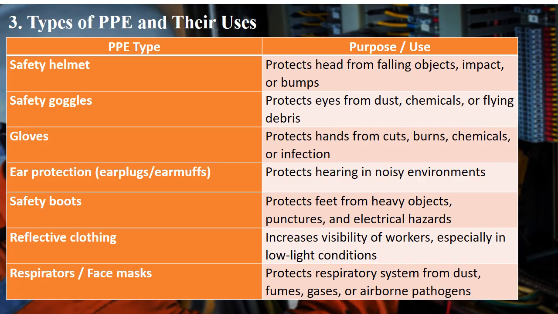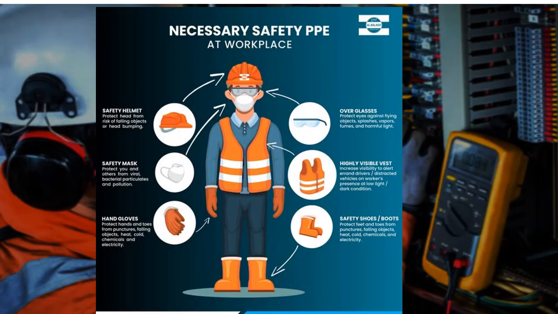So these are basically PPEs, personal protective equipment, also referred to as the last line. We have them here in a very good picture: safety helmet, safety mask, hand gloves, safety boots, visible vest, glasses, helmet, all these things.